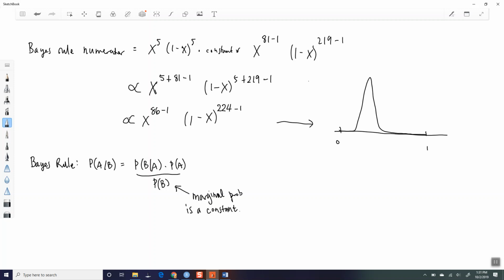And the problem right now is that this will not integrate to 1. So here I need to figure out some constant. What is the constant that we can use so that this numerator portion, after I multiply it by the constant, we need to either scale it up or scale it down, so that the whole thing integrates to 1.